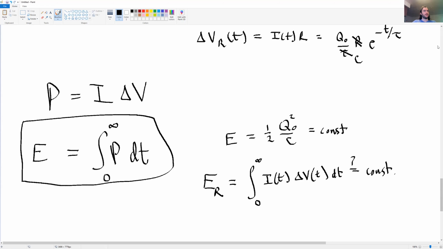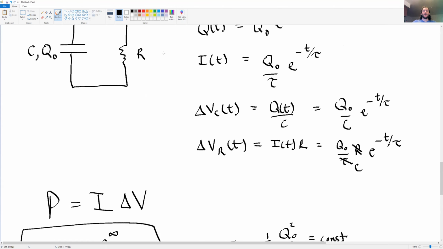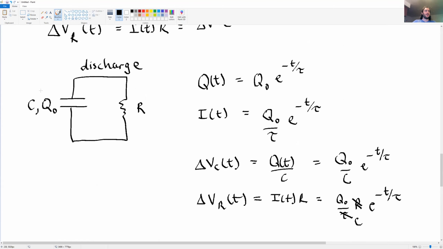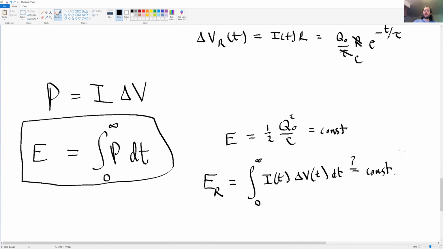It's like a check, right? So you can check that energy is conserved by calculating the total amount of energy that's stored here in the capacitor, right? That's the only amount of energy that you have in this problem. And then over time, that energy is dissipated by the resistor. And so we should be able to calculate the power dissipated by the resistor.